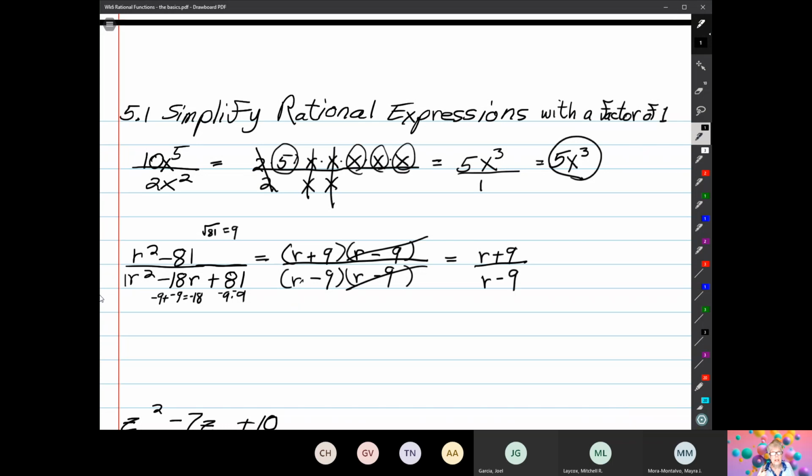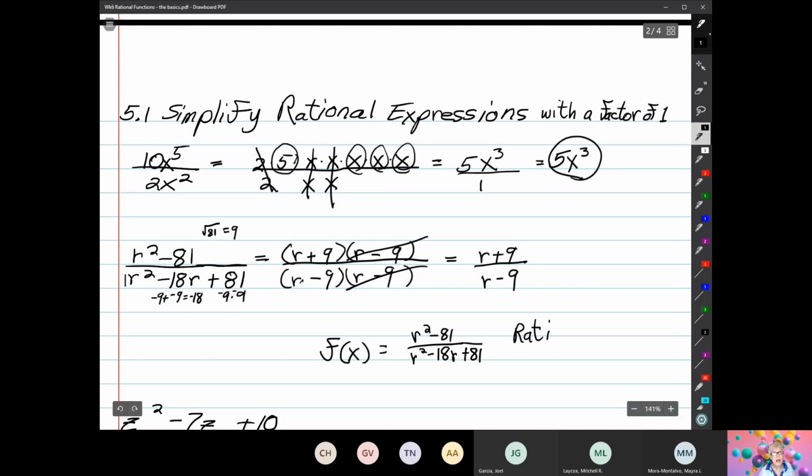Now, if you like, you can think about it like this. What is the difference between a rational function and a rational expression? If you think about it like this, f of x equals r squared minus 81 over r squared minus 18r plus 81. Okay? That's a rational function.